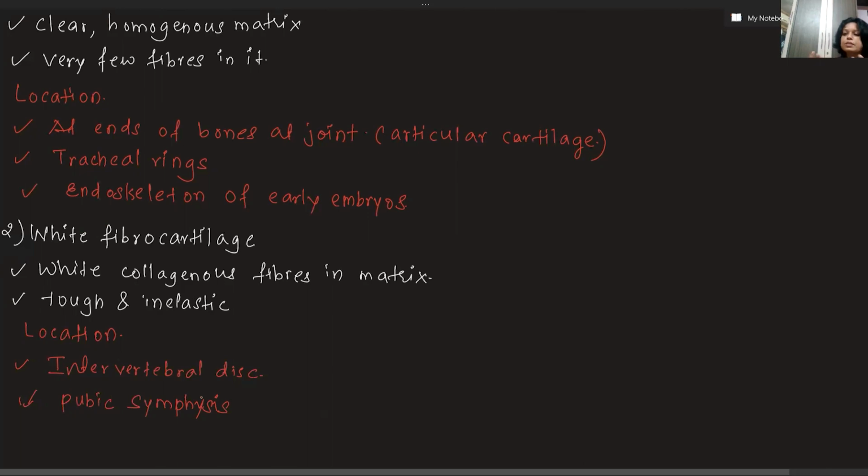Now, pubis bone of either side, right and the left side, they are making a joint on ventral side, on anterior side. And that joint is called pubic symphysis. Now this joint is flexible.